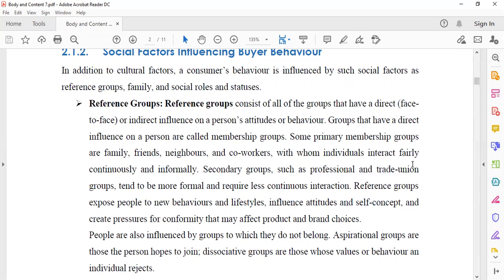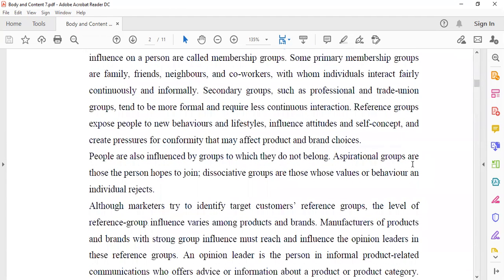So these persons are influenced by these celebrity groups or reference groups. Try to, directly or indirectly conform to the person's lifestyle.